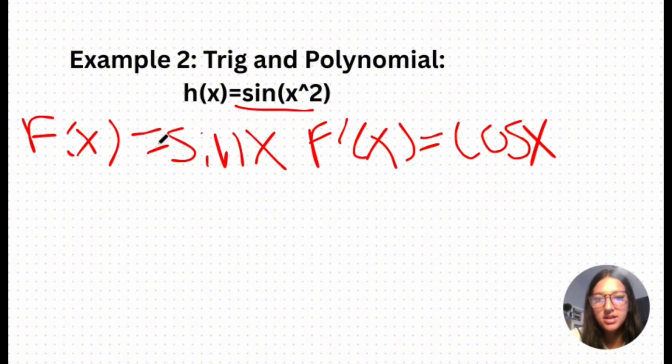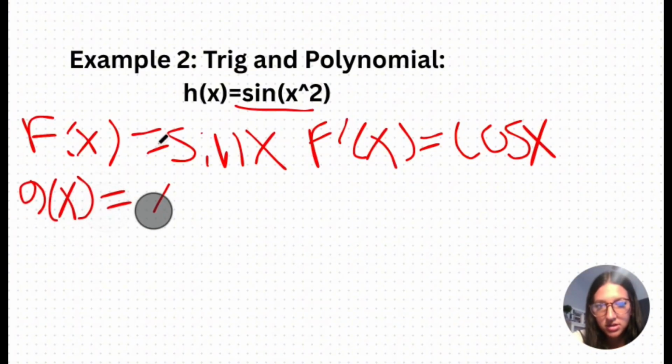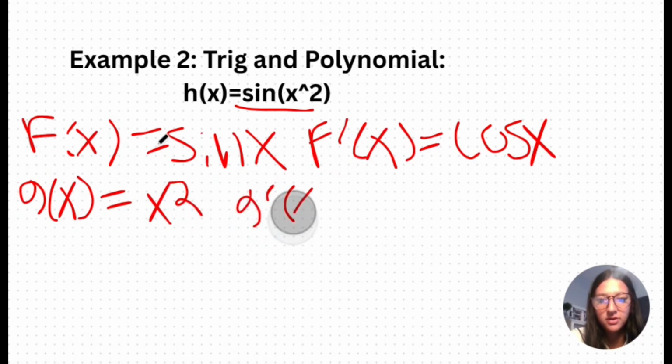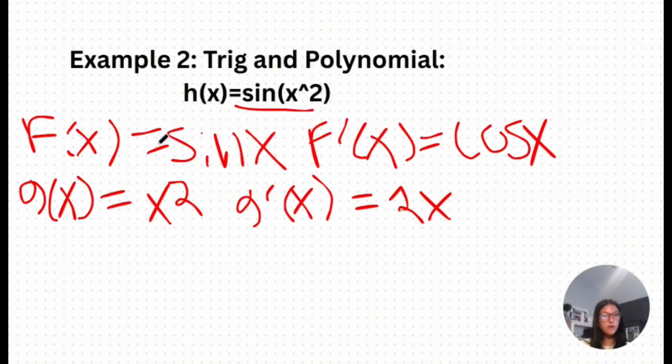Then there's also a clear inner function, g of x, which is going to be x squared, and the derivative of that inner function is going to be 2x. Now that we know there's a clear outer function, f of x, and inner function, g of x, we know that h of x is able to be derived.